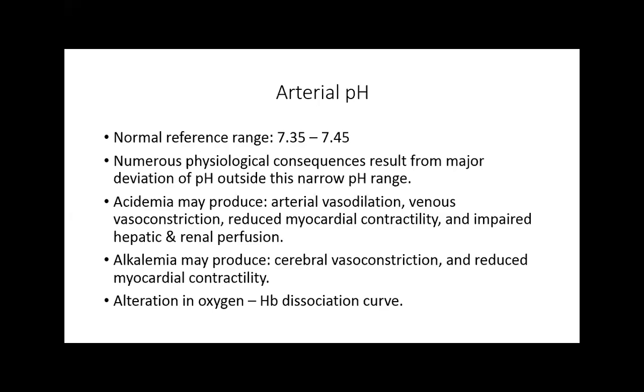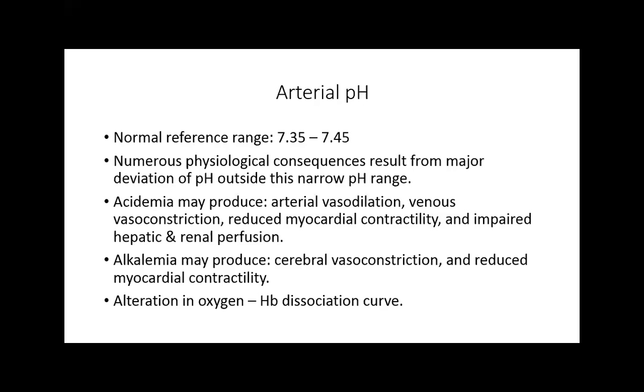So there are changes in arterial dilation, venous dilation or constriction. The myocardium is particularly sensitive to pH changes, things of that sort, but also a variety of different chemical reactions and equilibria that are based on having a pH of 7.35 to 7.45. So if you start to deviate significantly from that, you can start having metabolic problems in addition to physiologic problems.